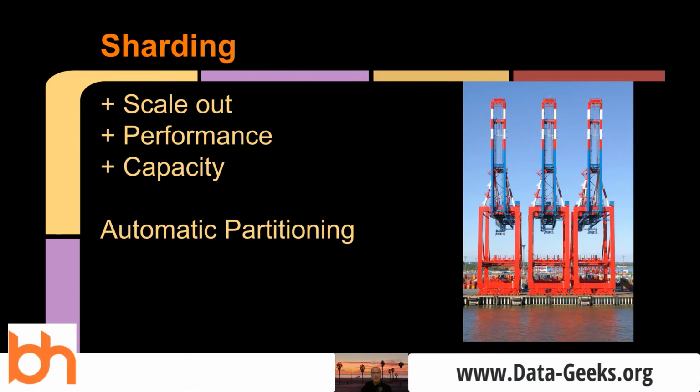The data will be split automatically and spread across the servers. And then I'll be able to handle much more data, terabytes, petabytes, whatever. It's a much more involved process. It does shard automatically. There are things you need to know about how to partition and how to choose a good partitioning key.